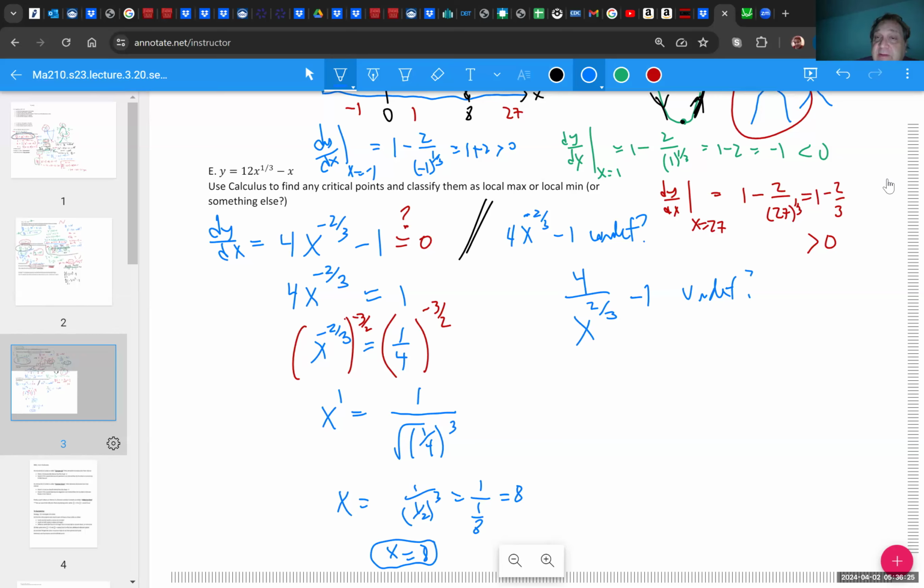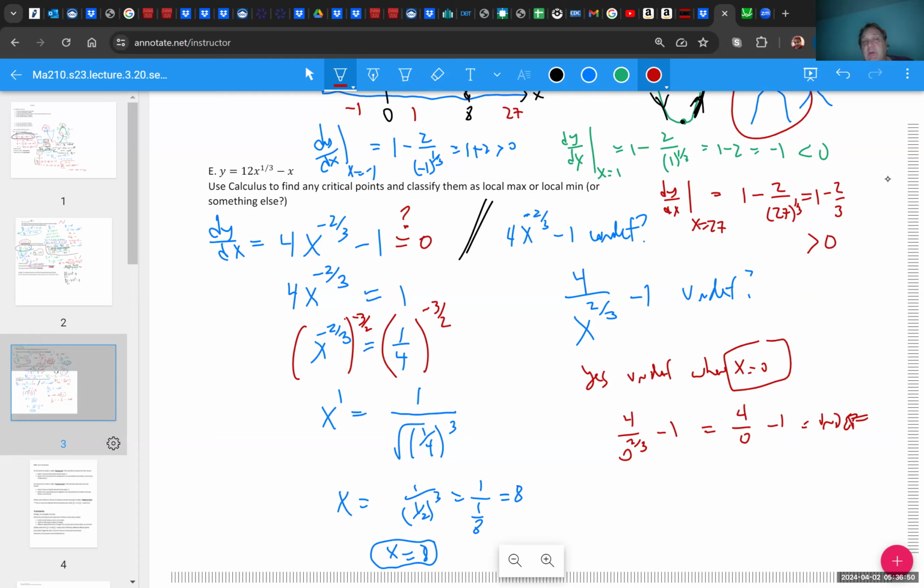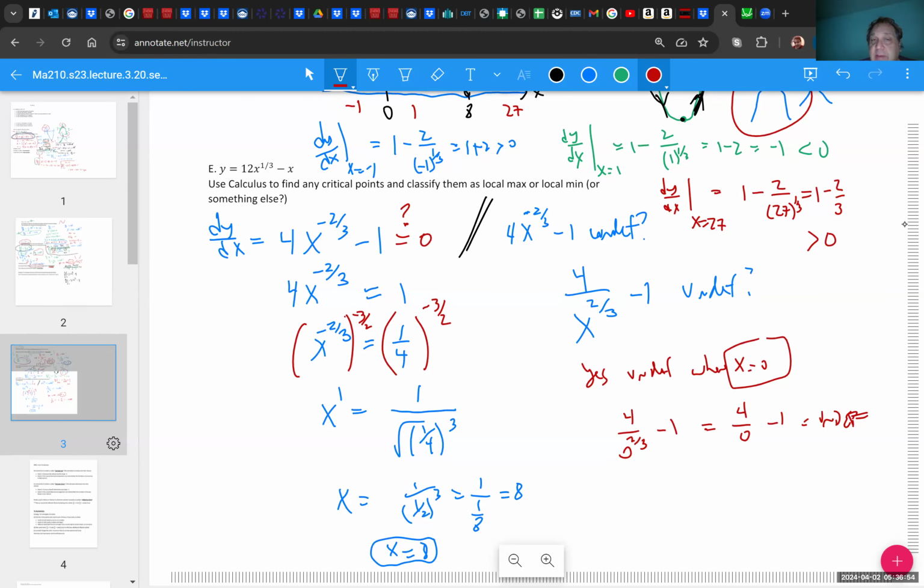So yes, it is undefined when x is equal to 0, because when x equals 0, we get 4 over 0 to the 2/3 minus 1, which is 4 over 0 minus 1, which is undefined. So we know x equals 0 is another critical point. So we have 2 critical points, and then we can classify them any way we like.